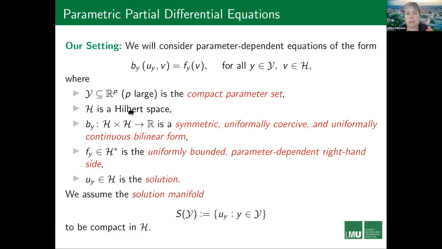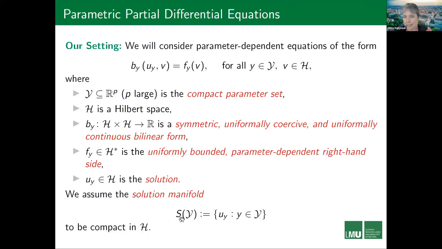Let's assume it's compact. I have a Hilbert space. I have this B_y, which is a symmetric, uniformly coercive, uniformly continuous bilinear form. If you're familiar with the area, these terms will tell you something. If not, it doesn't matter. Then you have the right-hand side, which also depends on y. As I said, this is parameter dependent. It's uniformly bounded, and u_y is the solution.